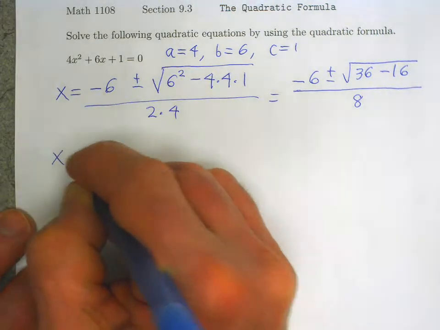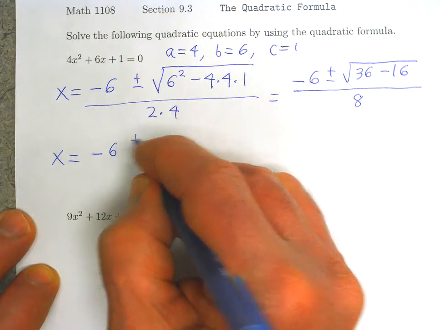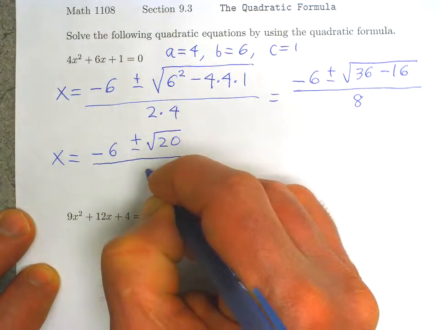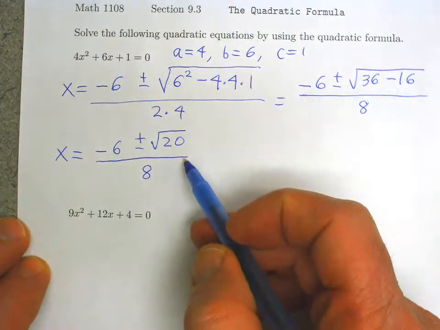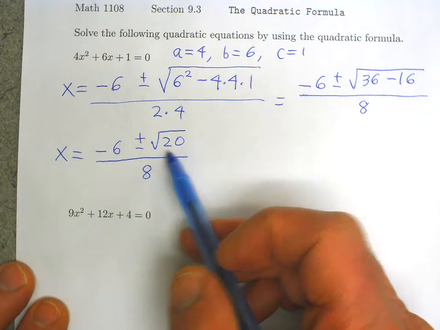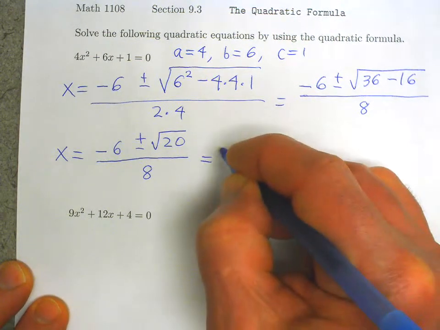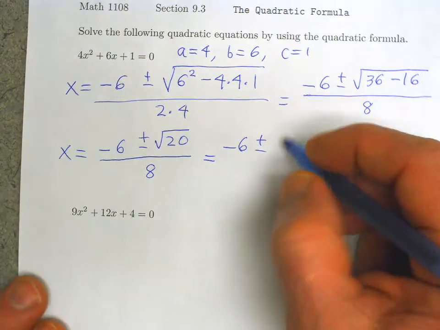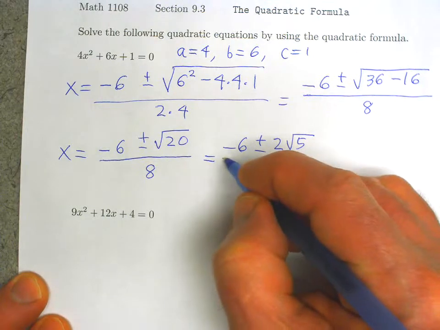So we get x equals negative 6 plus and minus the square root of 20 divided by 8. The square root of 20 can be simplified. So think of the square root of 20 as the square root of 4 times the square root of 5. And we simplify the square root of 4 to 2, and then write the square root of 5.